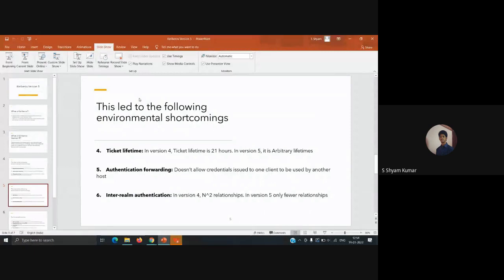Last one is inter-realm authentication. In version 4, n square relationships are used. In version 5, only fewer relationships. Relationship in the sense of the number of servers that are used in order to communicate and process the information.